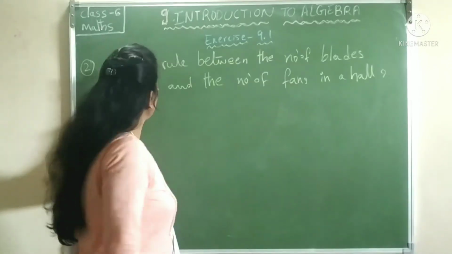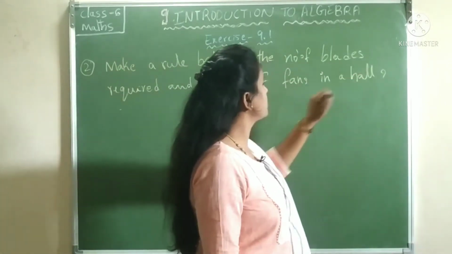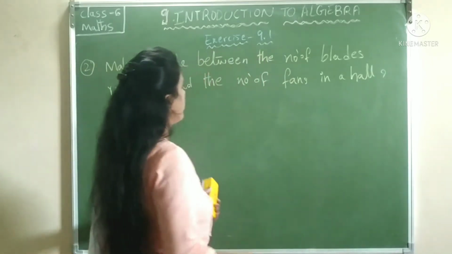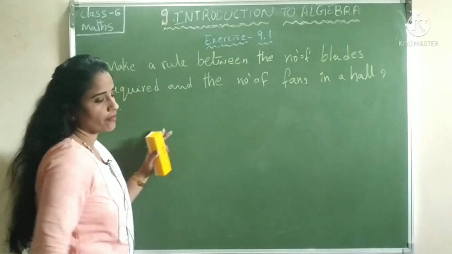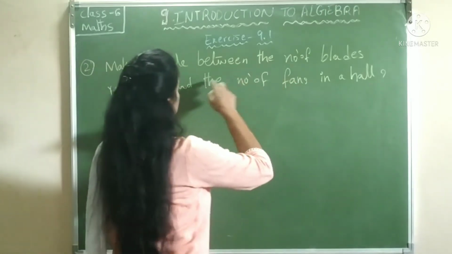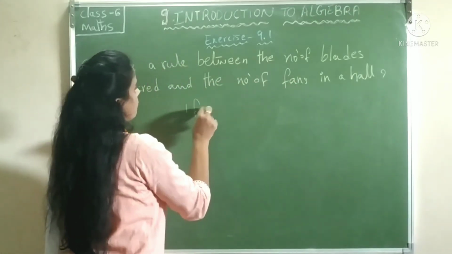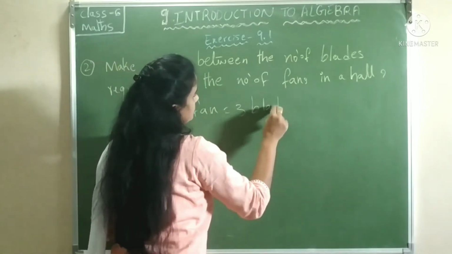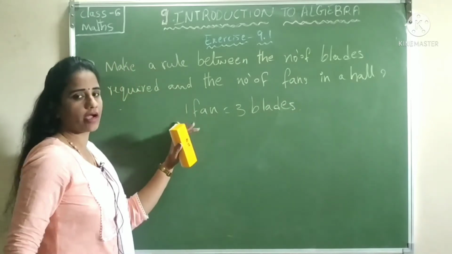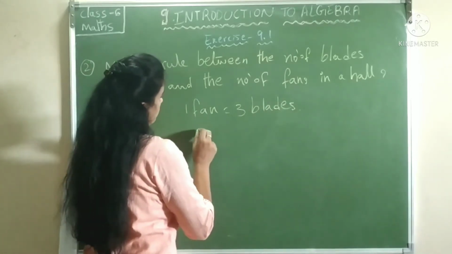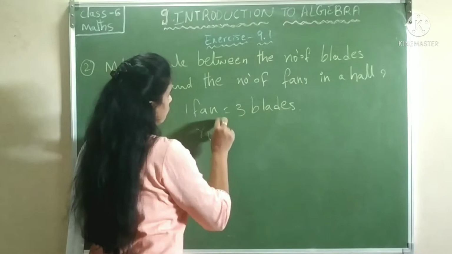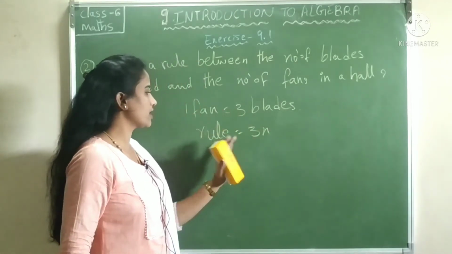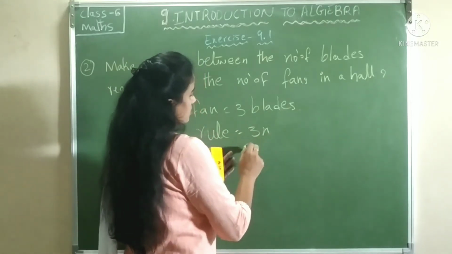Make a rule between the number of blades required and the number of fans in a hall. See, a fan has 3 blades. One fan is equal to 3 blades. Suppose n fans are required, then the rule is 3n.